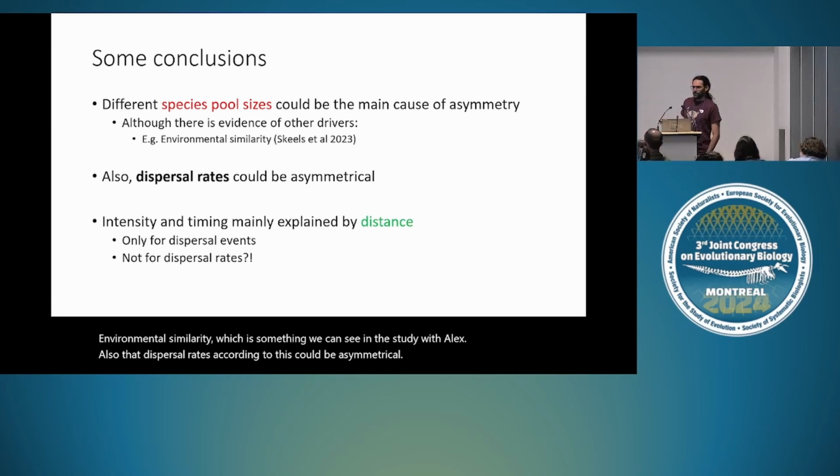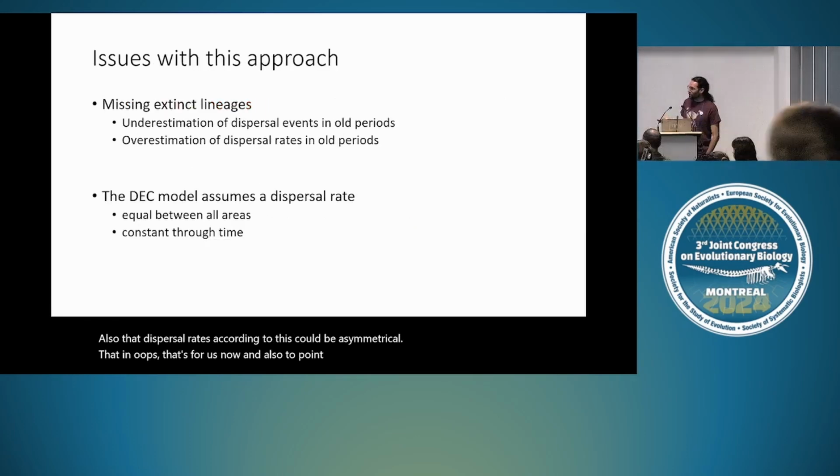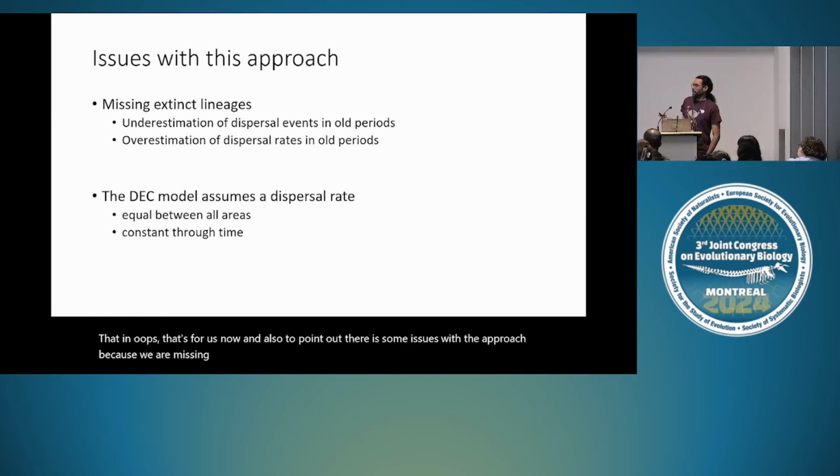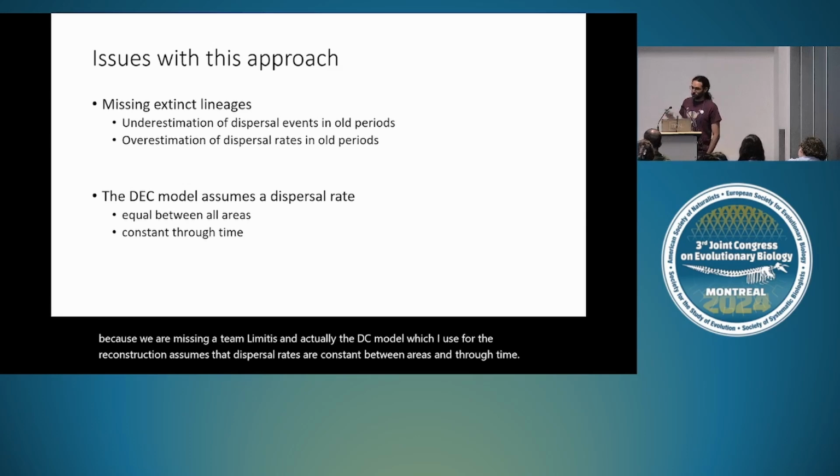And also to point out there are some issues with the approach because we are missing extinct lineages, and actually the DEC model, which I used for the reconstruction, assumes that dispersal rates are constant between areas and through time. We can discuss more about this because it's a lot to tell there.